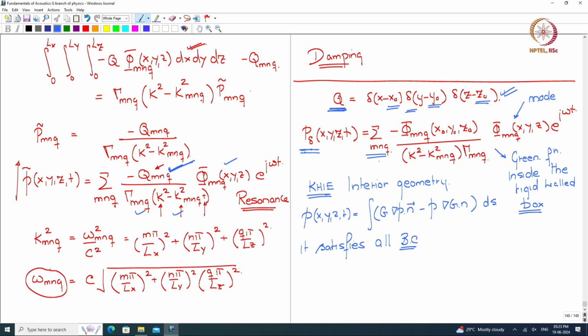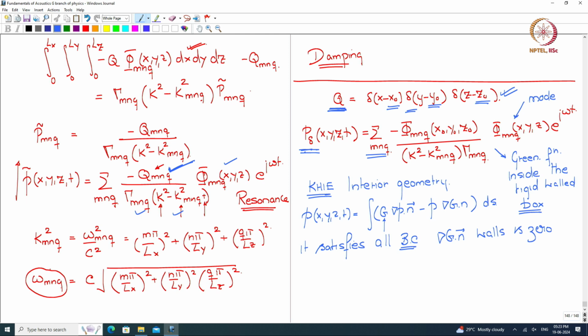So the infinite sum also satisfies the boundary condition, and so this new green function satisfies the boundary condition. What boundary condition? Del g dot n on the walls is 0. That is the boundary condition it satisfies.